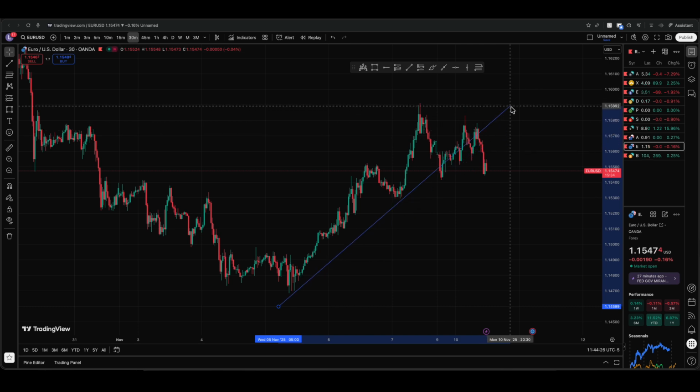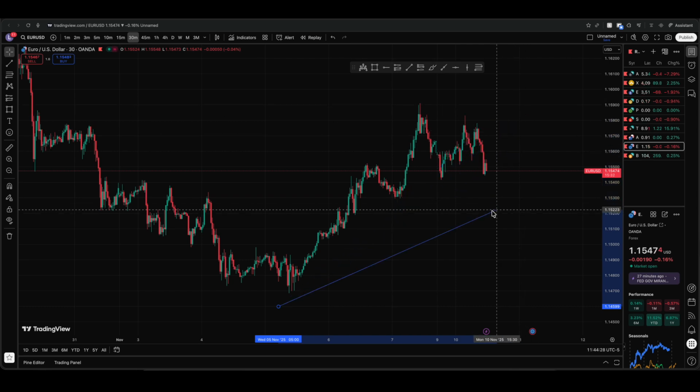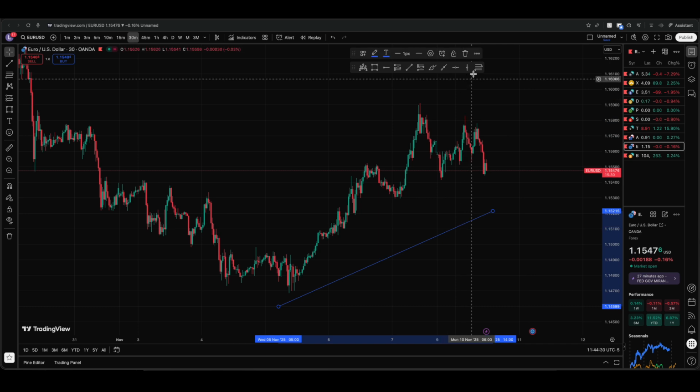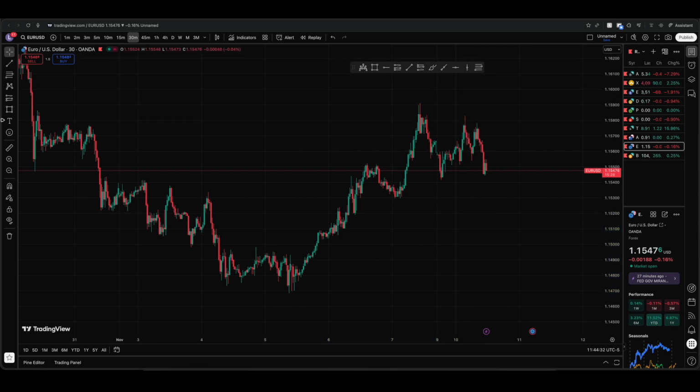So the first thing I can tell is this is an uptrend. Okay, so now we have to identify support and resistance.